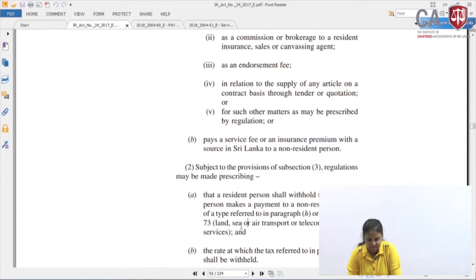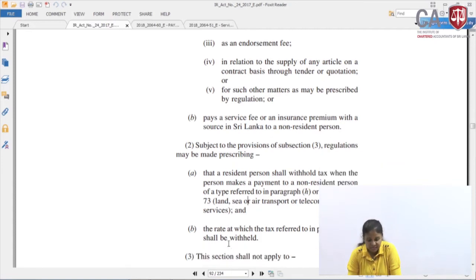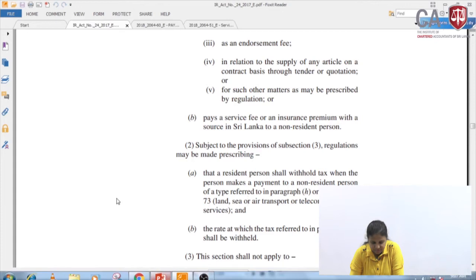The land, sea or air transportation or telecommunication services. In that, the rate at which tax referred to in paragraph A shall be withheld. Now, in this it has not given what the tax rate is, but the tax rate for land, sea or air transport or telecommunication services has been prescribed in this gazette notification.